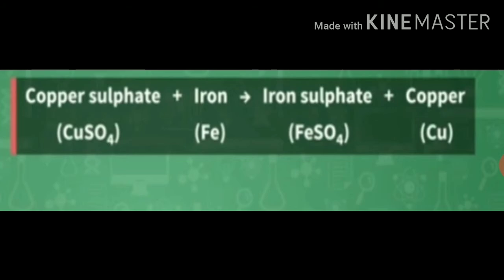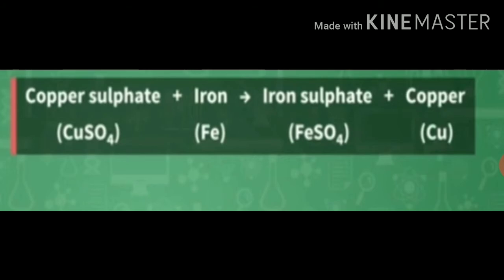So, the reaction of iron metal with copper sulfate solution. When a strip of iron metal or an iron nail is placed in copper sulfate solution for some time, then the blue color of the copper sulfate solution fades and a red-brown coating of copper metal is deposited on the iron strip or iron nail.